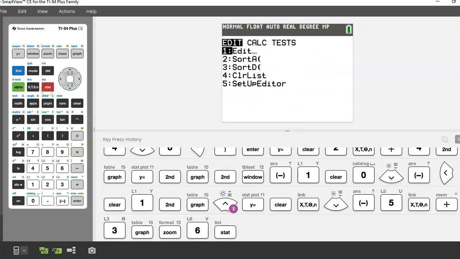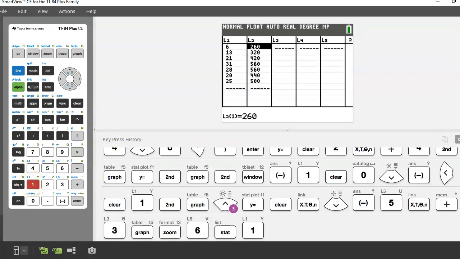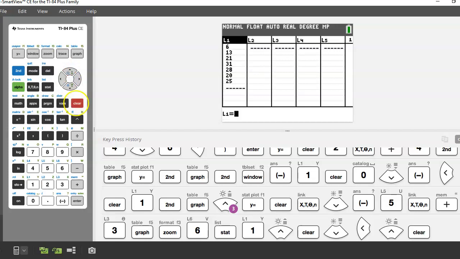Stat, edit. I have stuff in my list, so I'm going to go up to the top and press clear. Remember, don't press delete or you'll get rid of it completely.